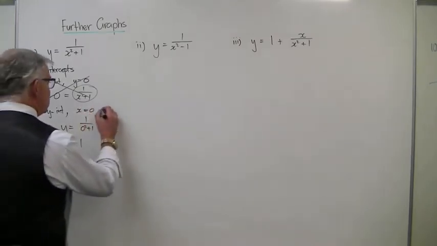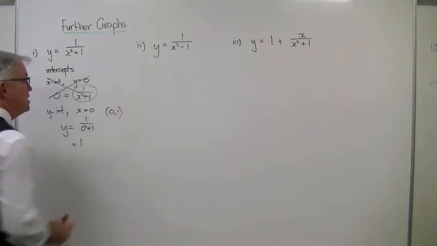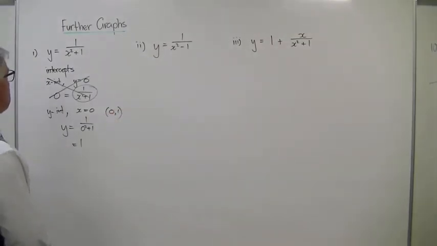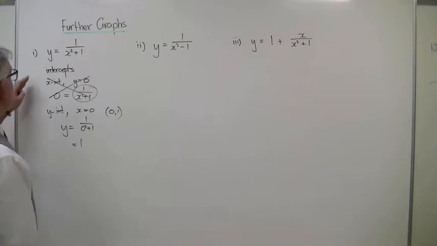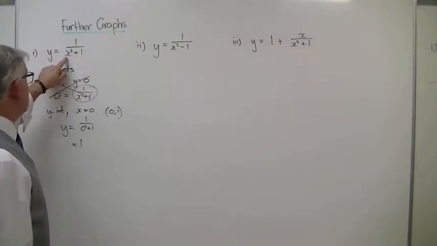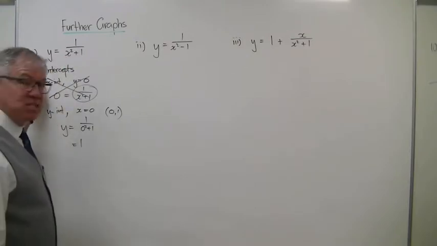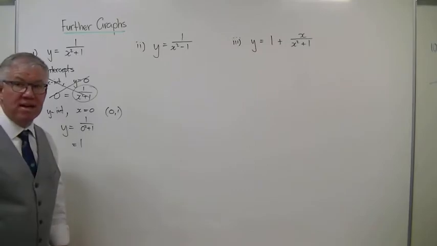So we'll just jot that down. The coordinates here will be 0, 1, that's the y-intercept. Alright, so there are no values of x that we can't have, there are no intercepts on the x-axis, and there's an intercept for the y-axis.